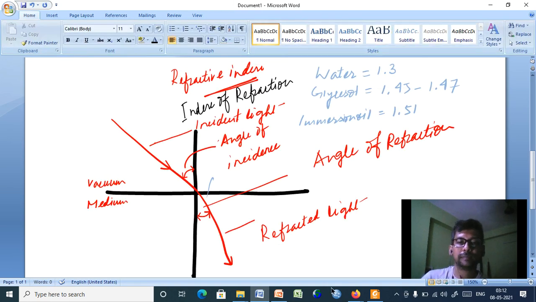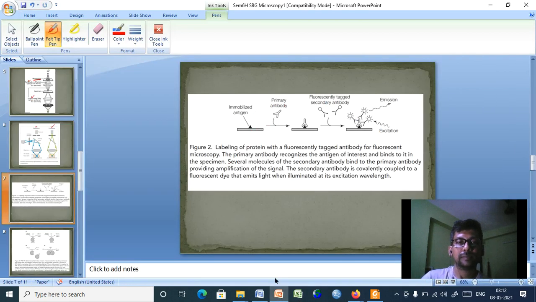And by their presence, easily we can differentiate, easily we can pinpoint their location, movement of one molecule to another, and the subsequent interaction of one molecule with another. All these things we can decipher by the fluorescence microscopy.